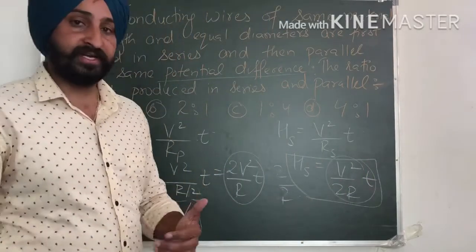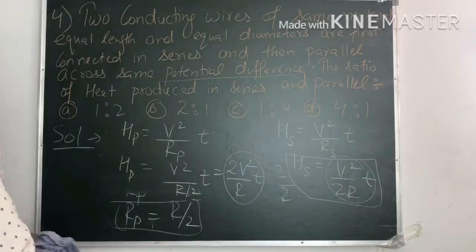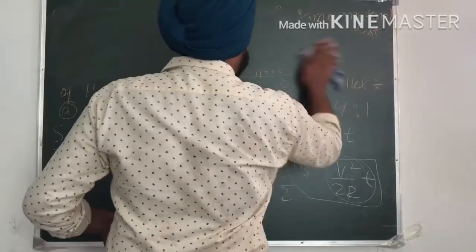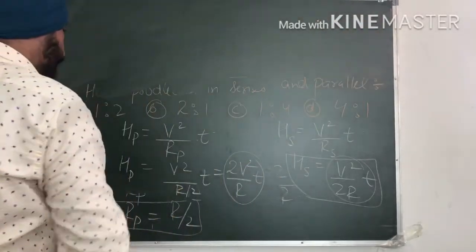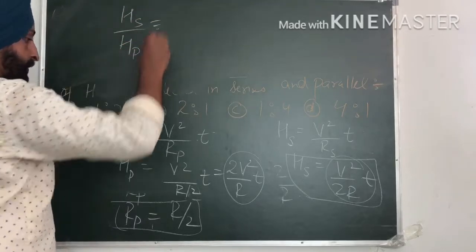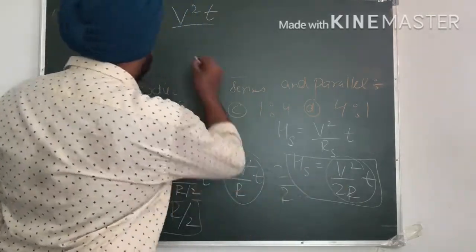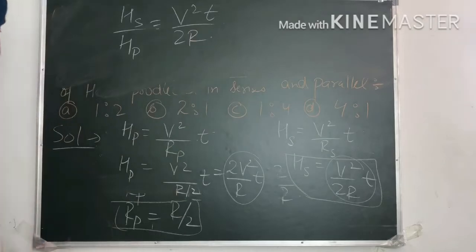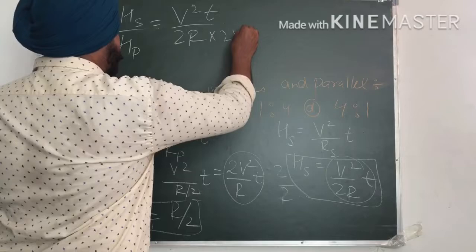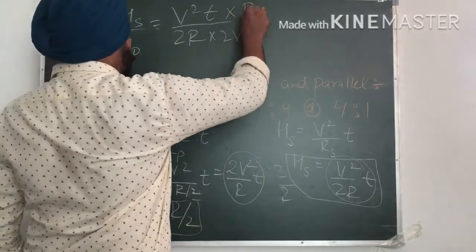Now we will be calculating their ratios. And the ratio will be heat produced in series by heat produced in parallel. In series it is V square T over 2R and in parallel it is 2V square T over R. And this R will go over here.